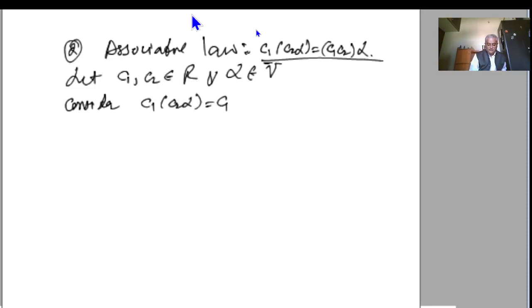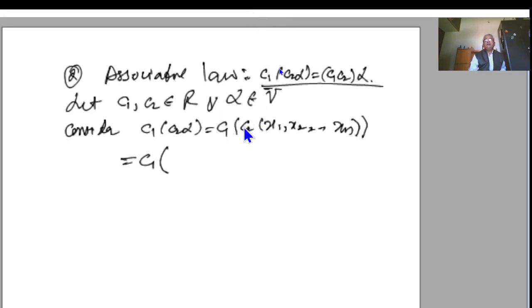This is equal to c1 into c2 alpha, where alpha is x1, x2, xn. By the definition, I can take c2 inside.